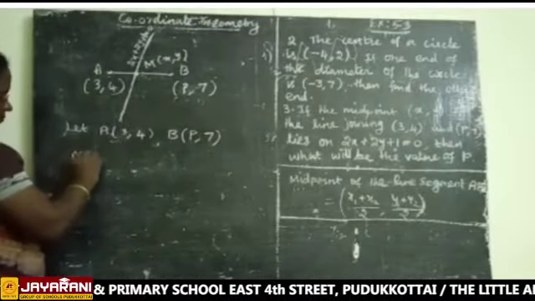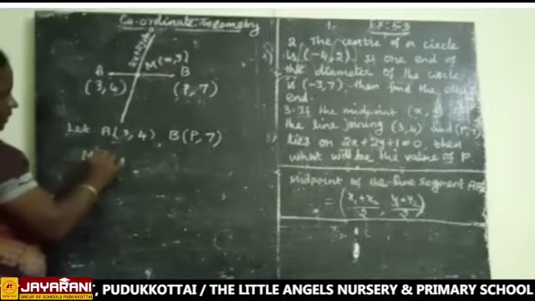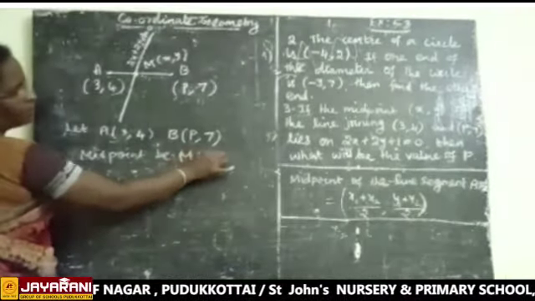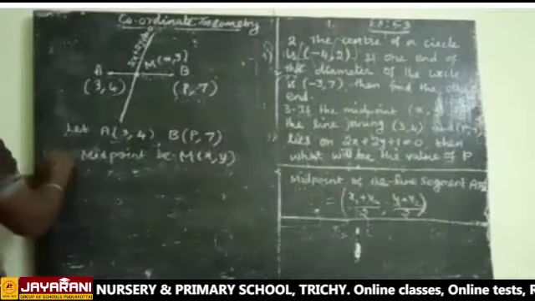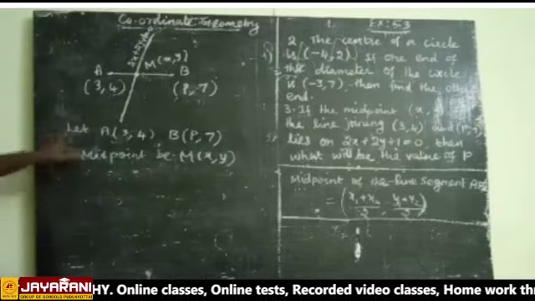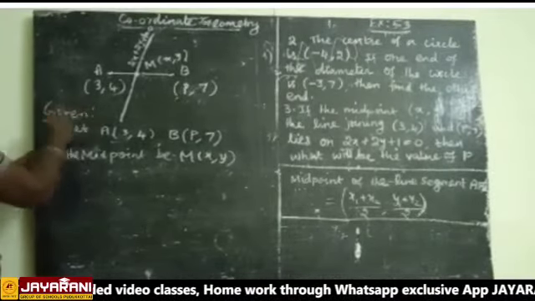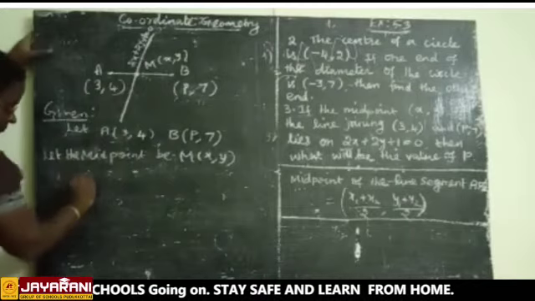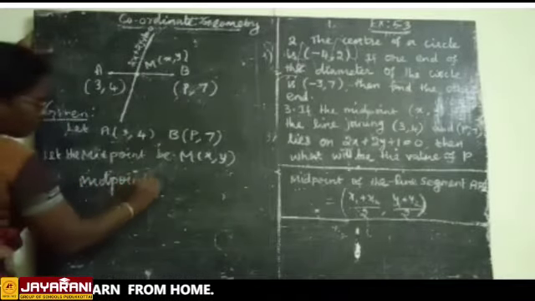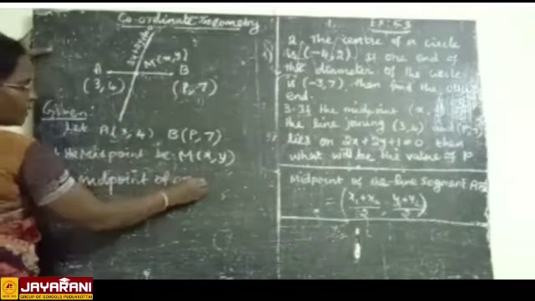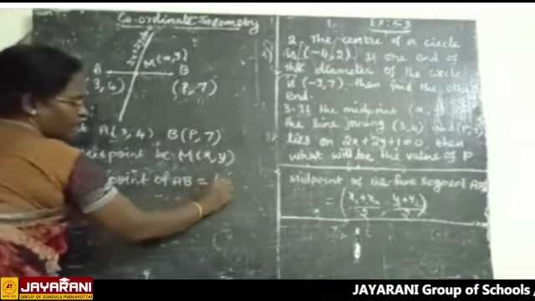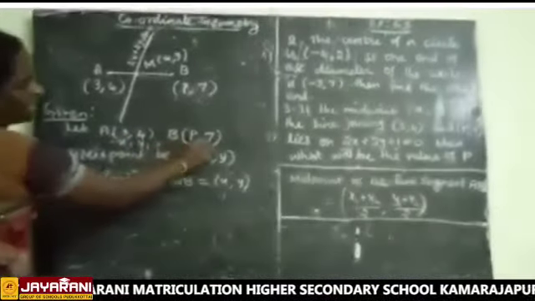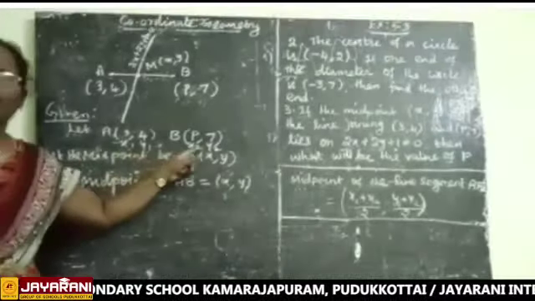Then the midpoint be M of (x, y). Find the midpoint of AB, considering these as (x1, y1) and (x2, y2).